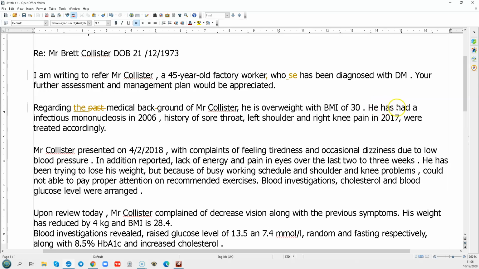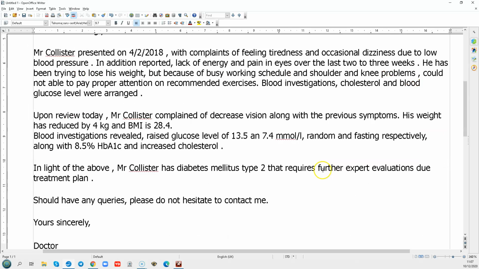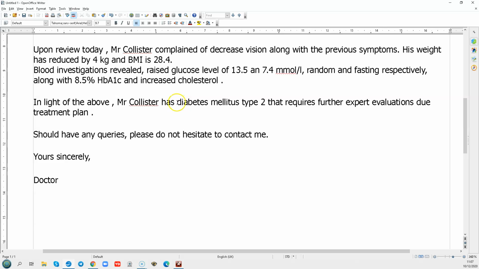Now, he has had. If it's finished, it's had. If he still has it today, present perfect. But I think it's finished. So, he had, in 2006, that was finished. History of sore throat, left shoulder and right knee pain. Now, so you're writing to me about diabetes.